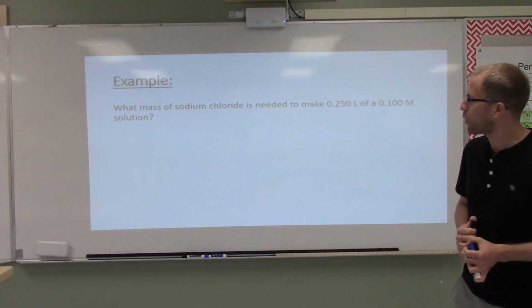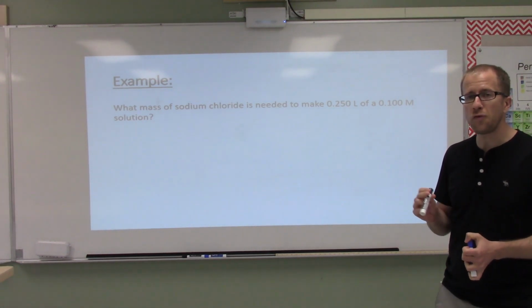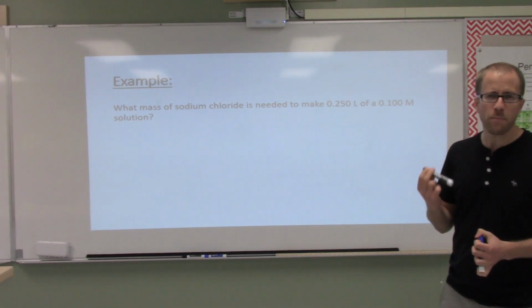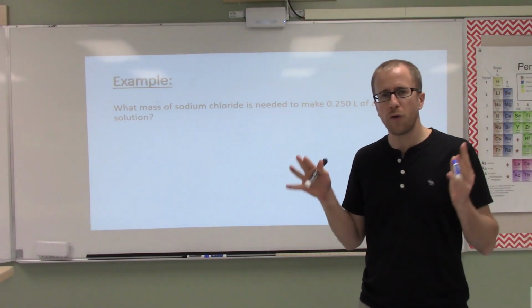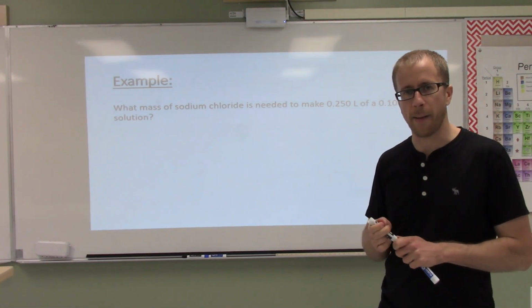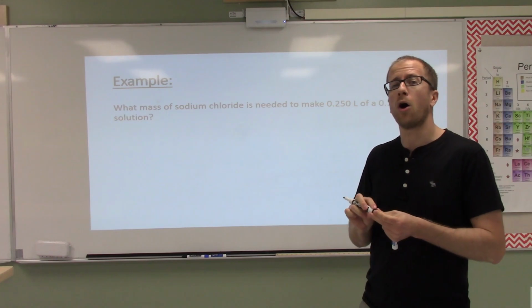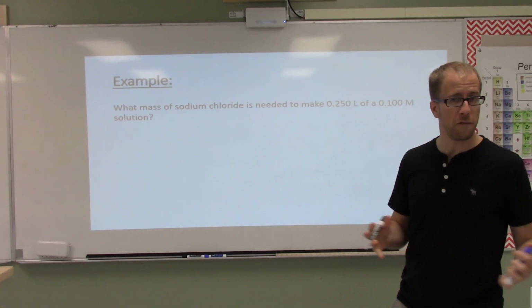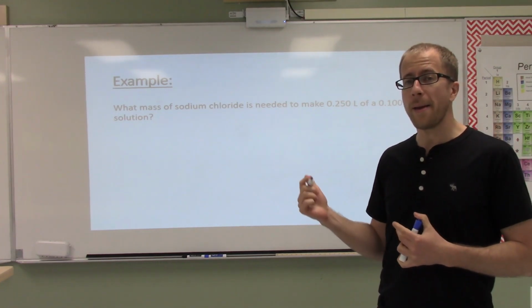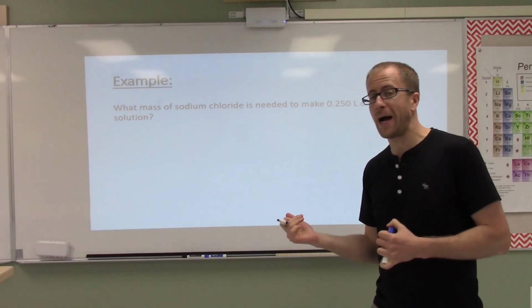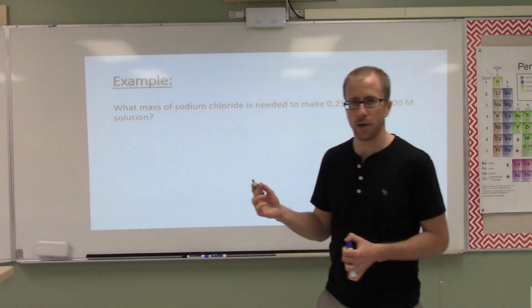What mass of sodium chloride is needed to make 0.25 liters of a 0.1 molar solution? So again, we are going to follow the exact same steps. So we know our desired concentration, we know the volume we want. We need to now determine what mass of sodium chloride is going to be necessary.